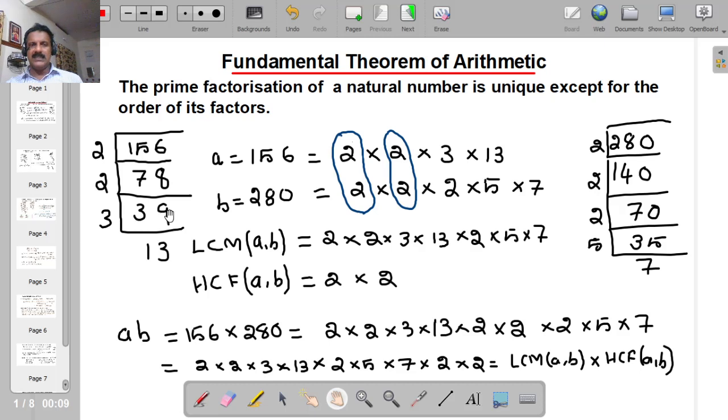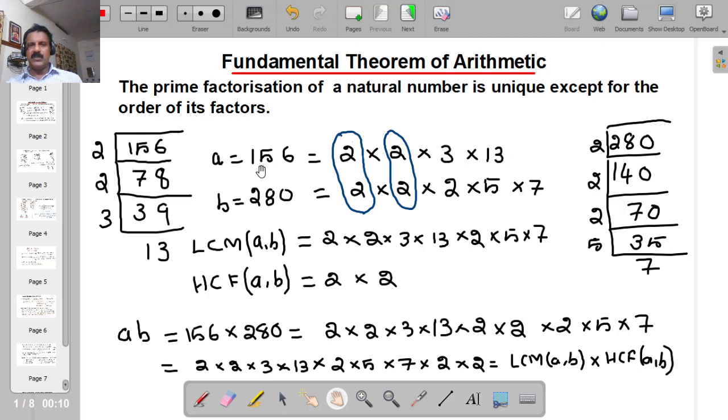When 39 is divided by 3, the result is 13, which is a prime number. So further factorization is not possible. So 156 is factored as 2 times 2 times 3 times 13.